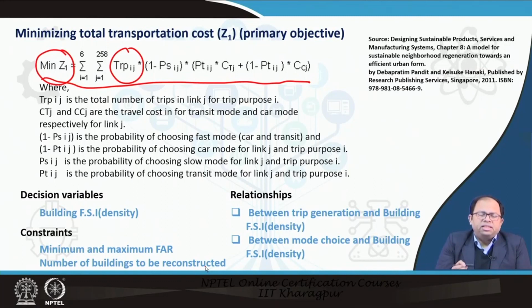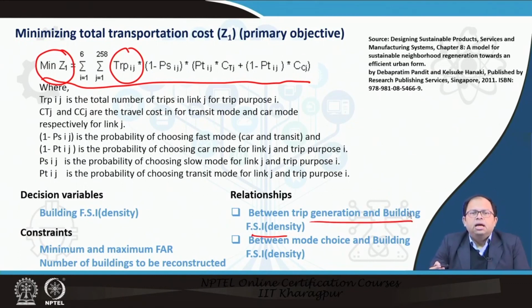So if I set the FSI as a higher value, we will have higher density buildings, and this is linked. FSI is linked with transportation cost using two different relationships. One is between trip generation and building density. That means there could be a hypothesis that when building density increases, the number of trips reduces or the length of trips reduces. The other is between mode choice and building FSI density.